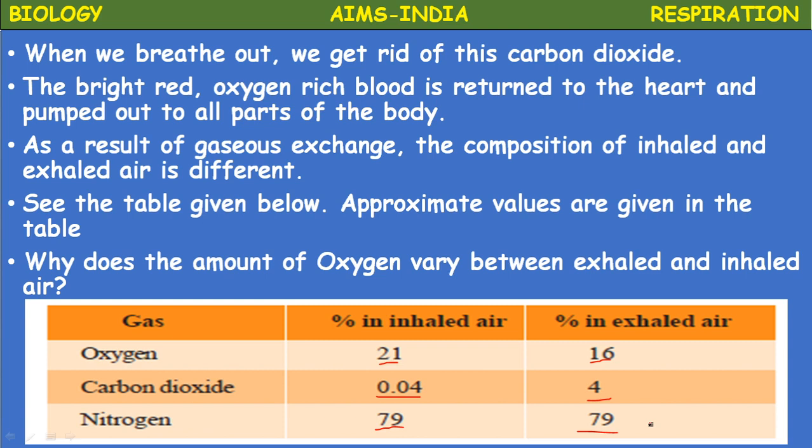Okay. The thing is the composition of air changes when we compare the inhaled air with the exhaled air. In the exhaled air, oxygen percentage is less and carbon dioxide percentage is more. In the inhaled air, oxygen percentage is more and carbon dioxide percentage is less. Okay.